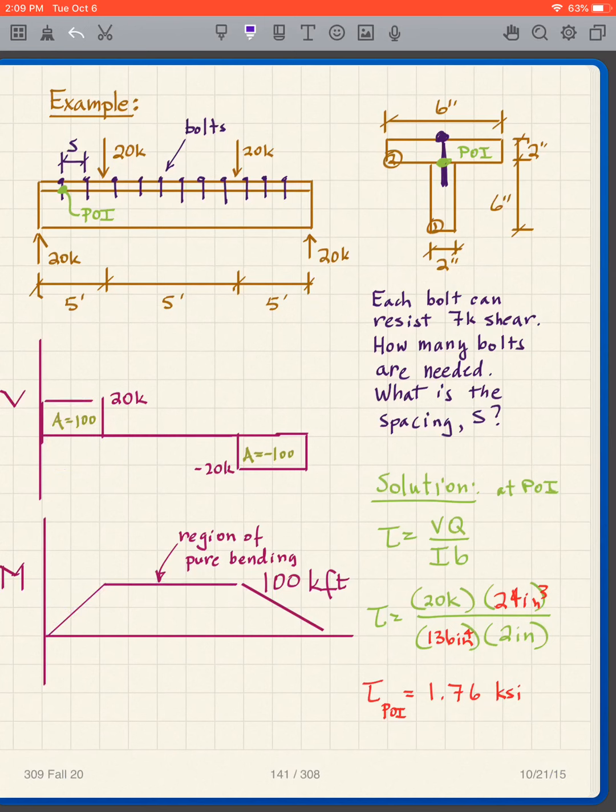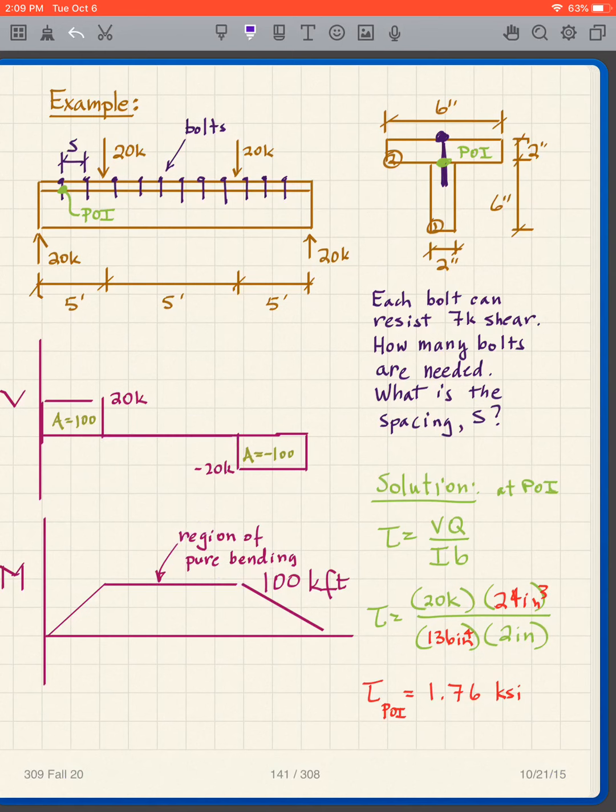Just to let you know, notice there's no shear here, V equals 0. That means in this region we call that pure bending. There's no shear there, so that is a region of pure bending. That's just a term you should be familiar with. When the shear is 0, then I have pure bending.